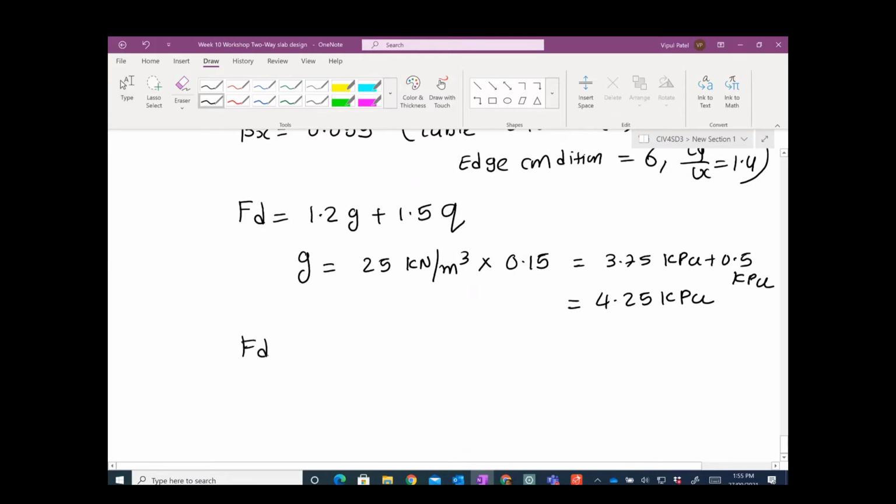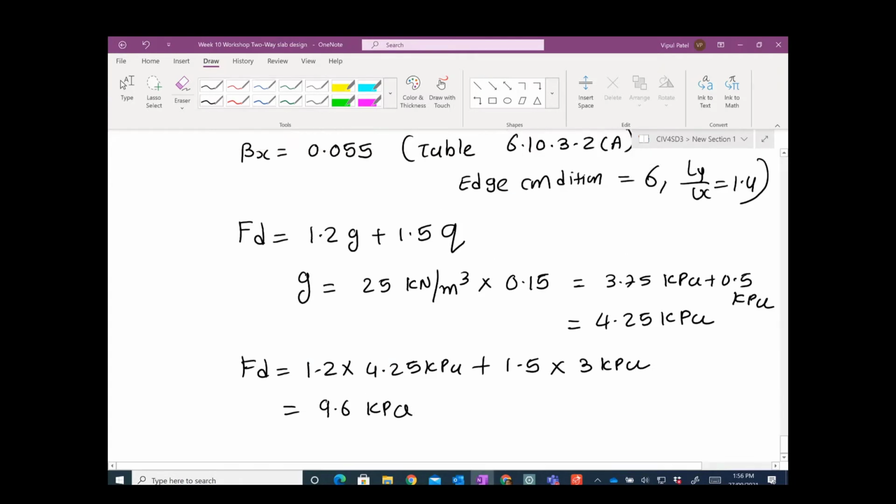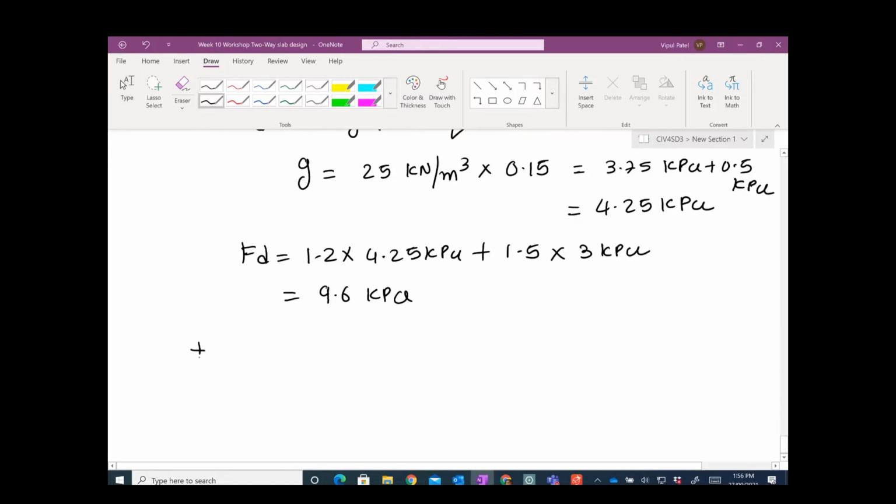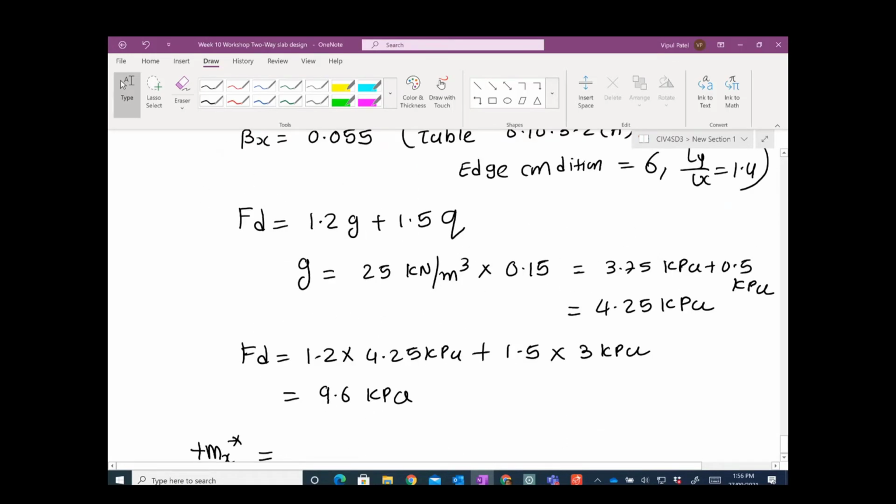So FD equal to 1.2 times the dead load of 4.25 kilopascals, and the live load given to us is 3 kilopascals for an office building. So 1.2 times 4.25 plus 1.5 times 3, you get 9.6 kilopascals.